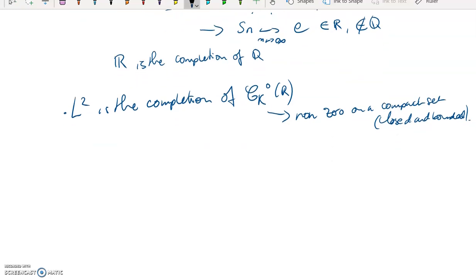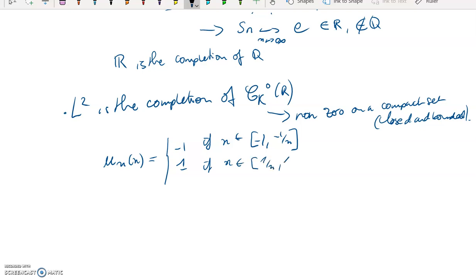Let me define this sequence of functions. It's going to be defined by -1 if x is between -1 and -1/n, by +1 if x is between 1/n and 1, and by nx if x is between -1/n and 1/n, and 0 otherwise.